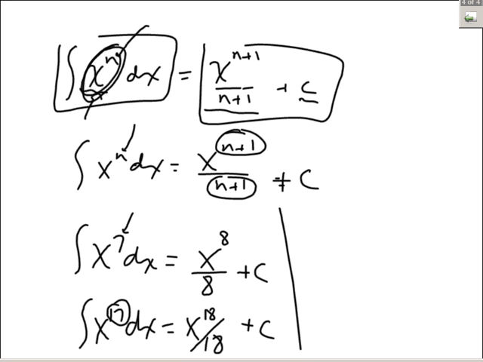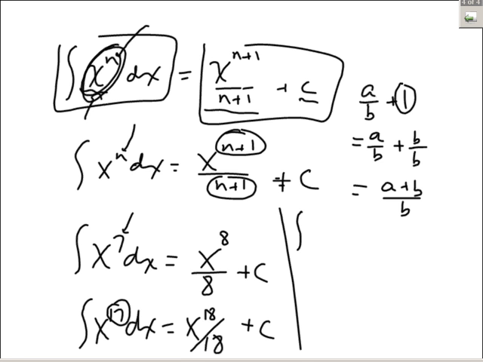If you were asked to integrate a fractional power, suppose you have some fraction and you want to add 1 to it. Well, a over b plus 1, where I think of 1 as b over b, is a plus b over b.